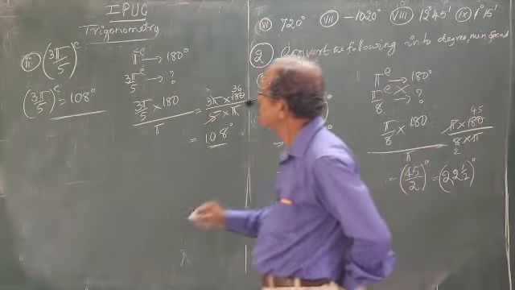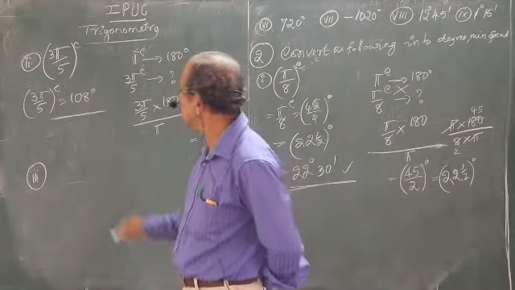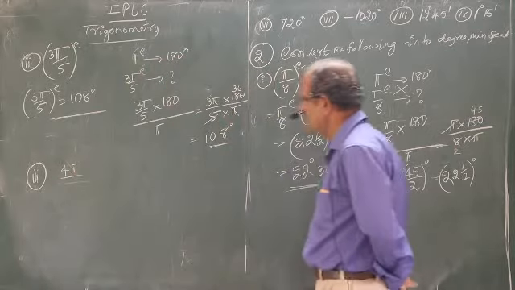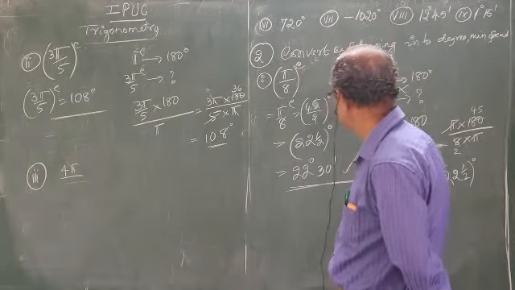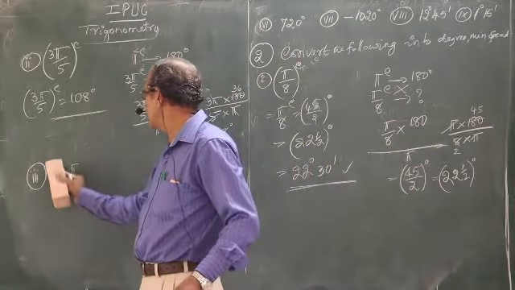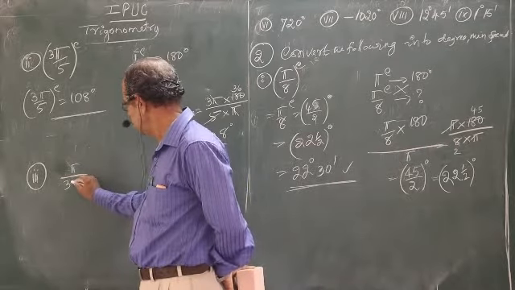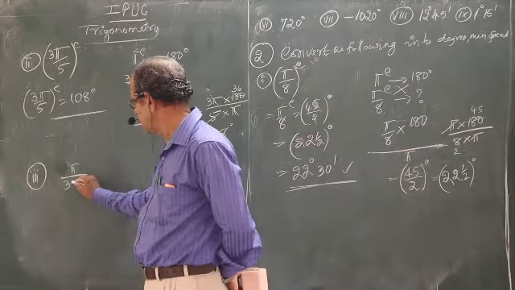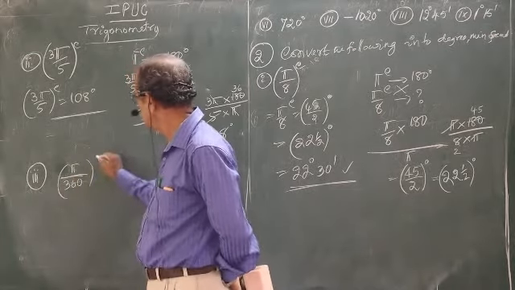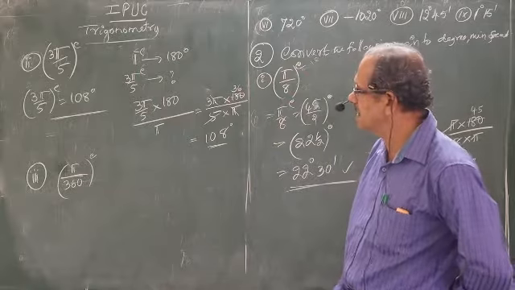This type of problem, one more. Third one. Pi by 360 radian.